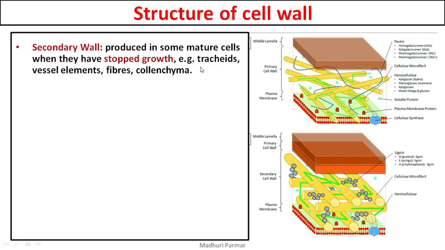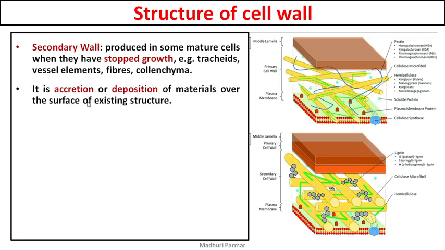Examples of such cells are tracheids, which are parts of xylem, vessel elements, which are again parts of xylem, and fibers. Just think of fibers like jute fiber or some other fibers that you know. Then collenchyma. All of these will have secondary cell wall.